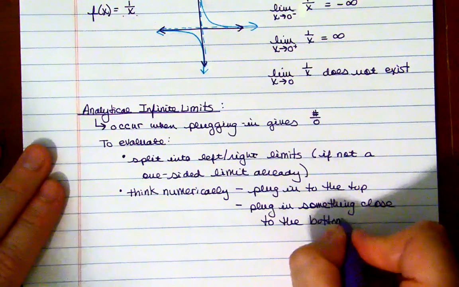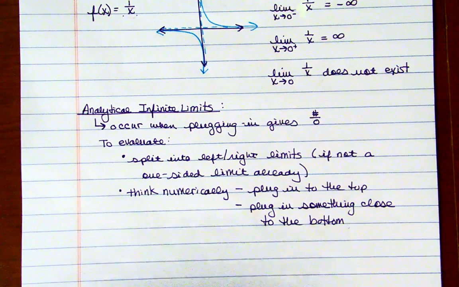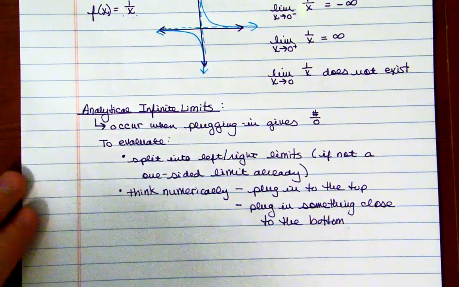And we'll see in a moment how this plugging in will give us everything we need to get our infinities and negative infinities for solutions. Let me show you how to do this.